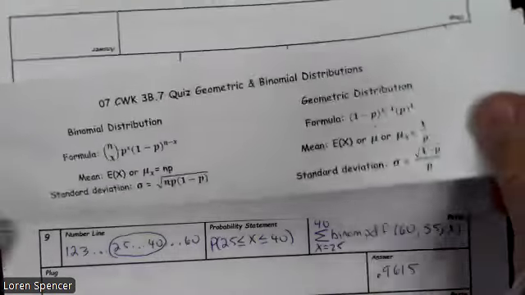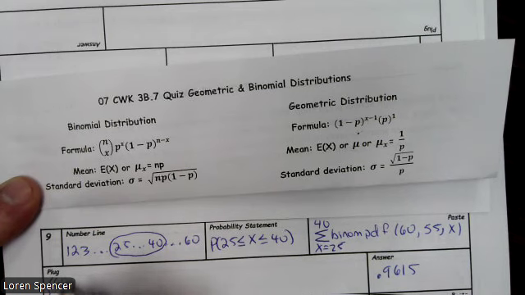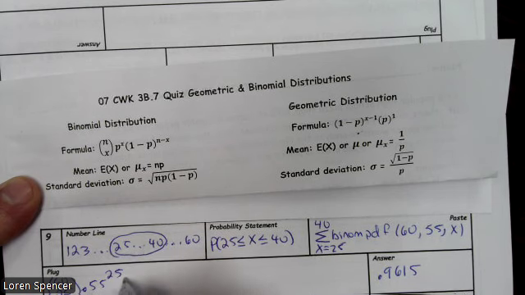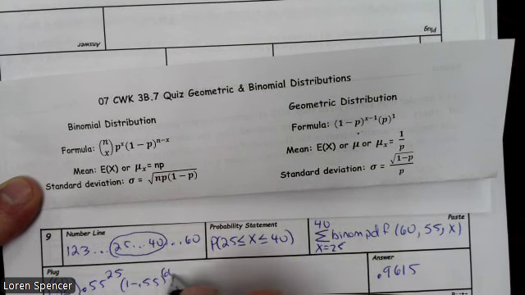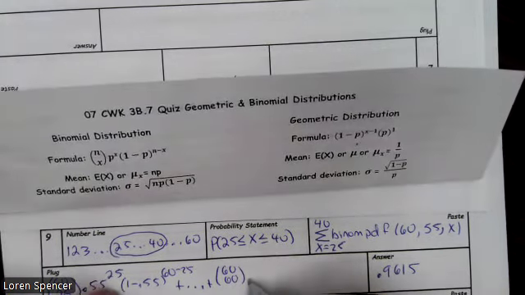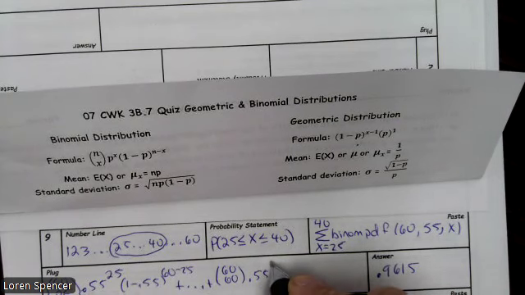Showing our work, it's going to be a binomial, which is n choose x, which in this case is 60 choose 25, 0.55 to the 25th, 1 minus 0.55 to the 60 minus 25, plus dot, dot, dot, plus 60 choose 60, 0.55 to the 60th power, or excuse me, to the 40th power.